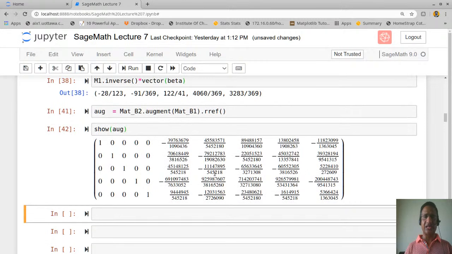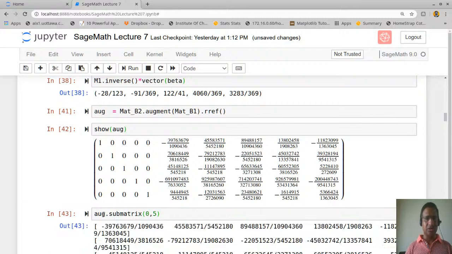How do I extract this last 5 columns? So you can use submatrix. Last time I told you there is an option called submatrix. So let us say AUG, and then submatrix, and then you have to say what is the starting row, starting column. So starting row is 0, starting column is the 5th column, and then take the remaining.